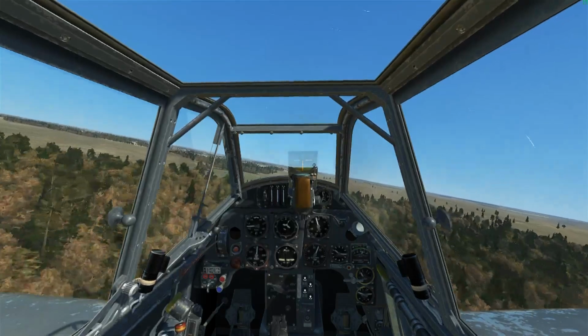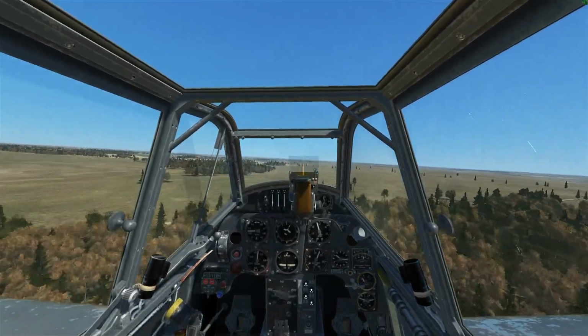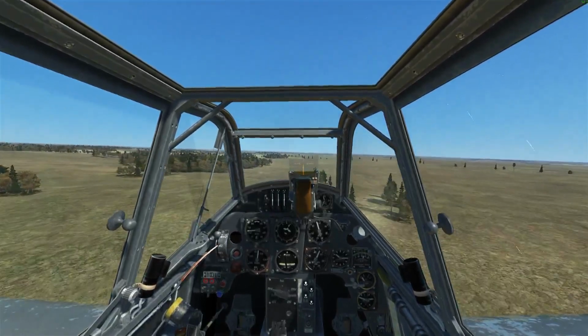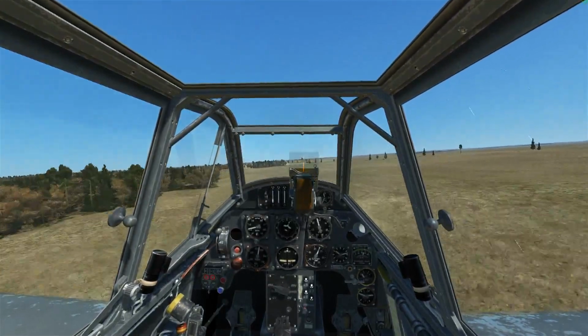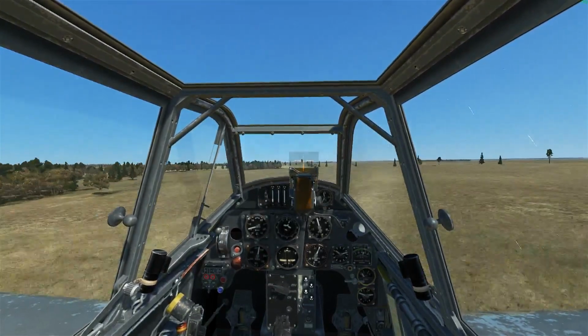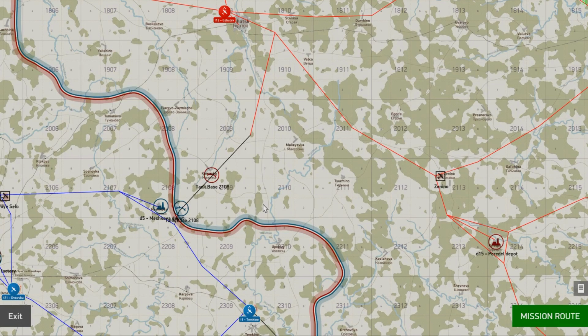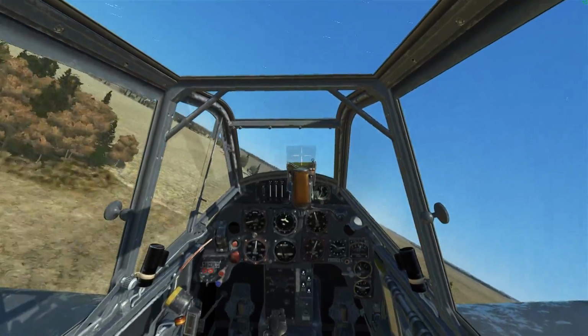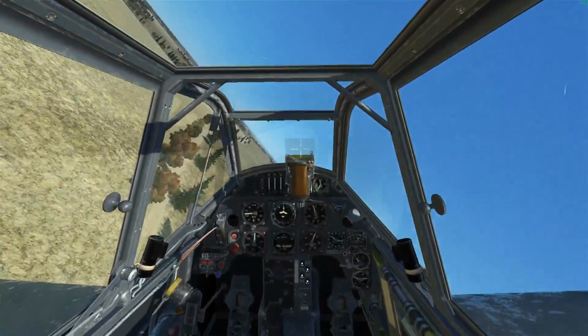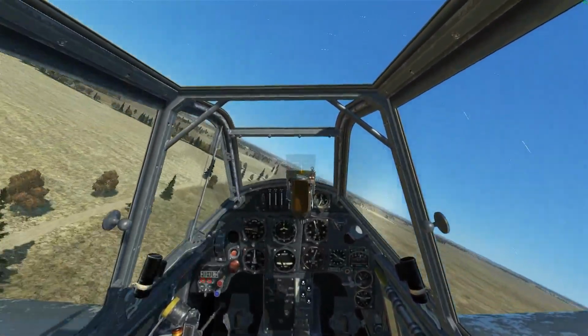Can you see that up ahead? There's the road. So there's the road. I turn to a heading of north, and here is the first intersection.